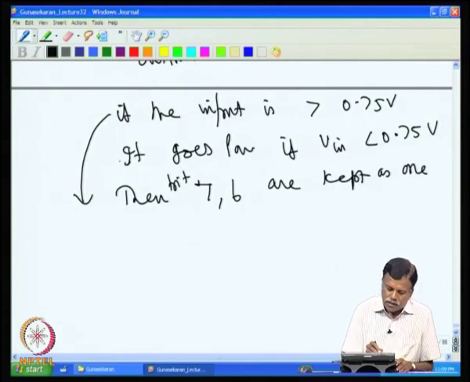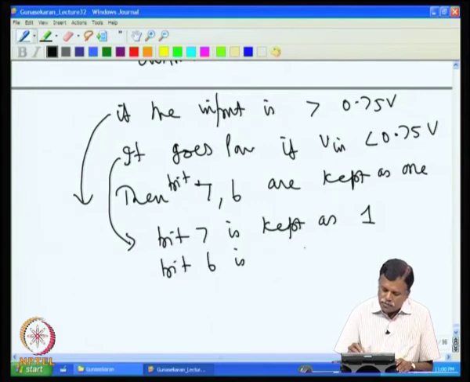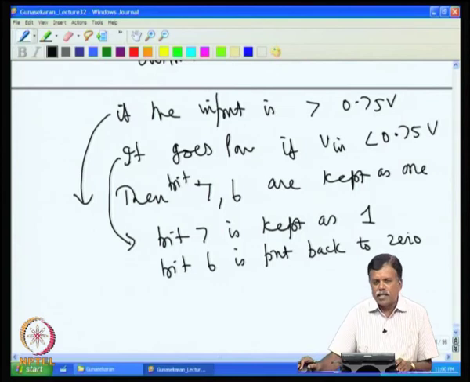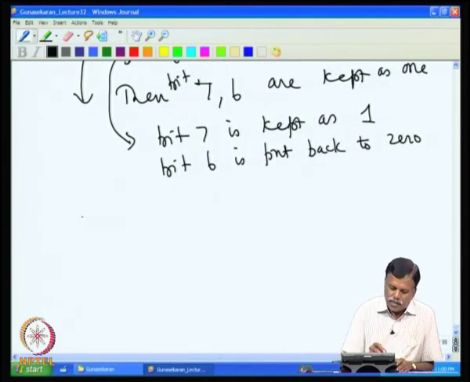And if this happens, bit 7 is kept as 1, and bit 6 is put back at 0. Then the converter goes for the third trial.